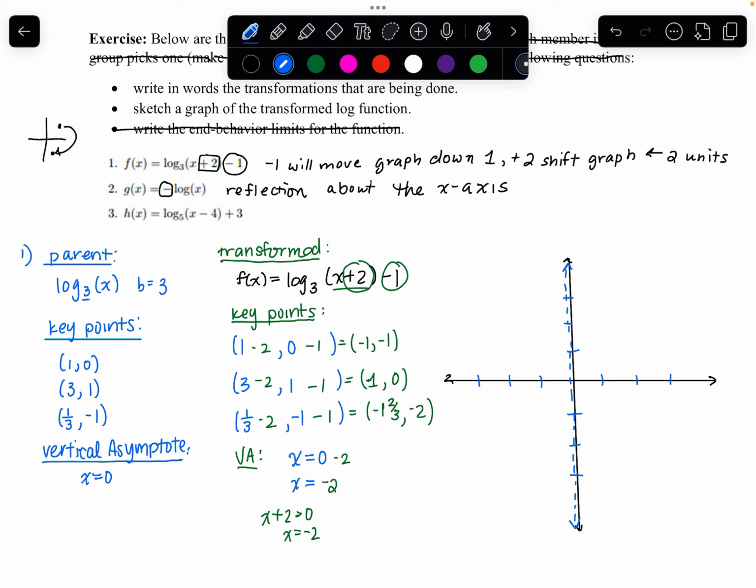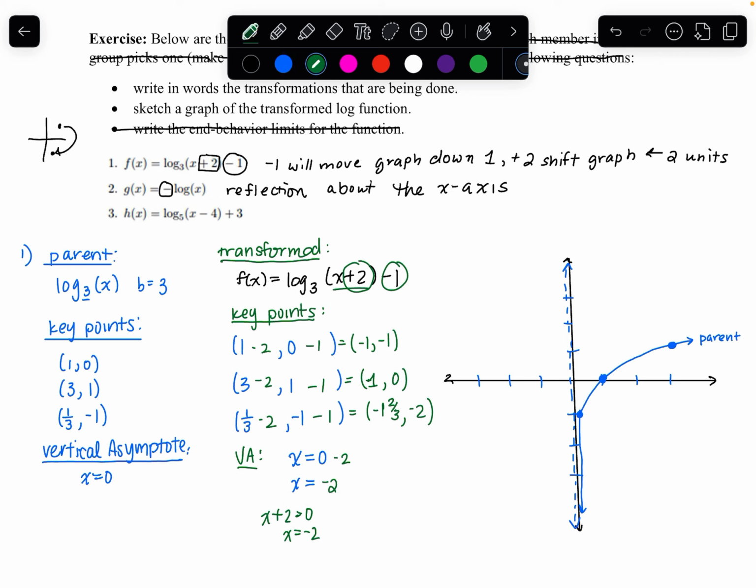Let's plot some points. 1, 0, 3, 1, negative 1, 1/3. Connect the dots. So here is my parent graph.